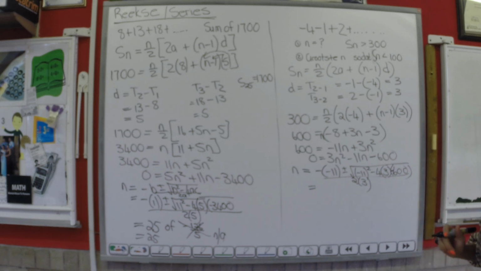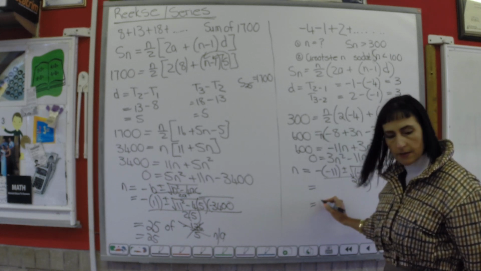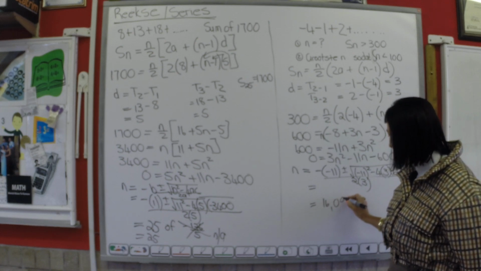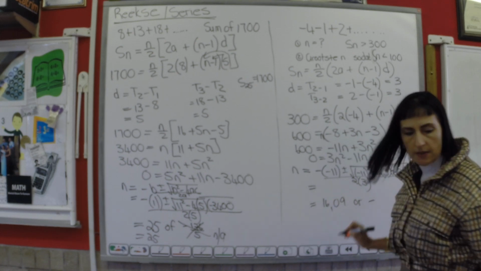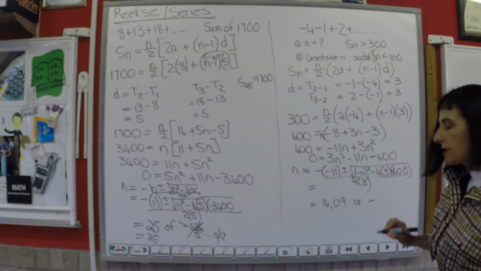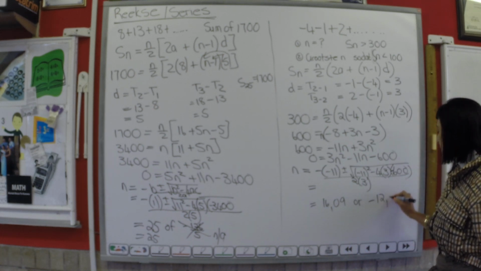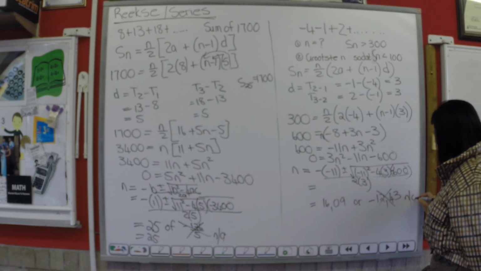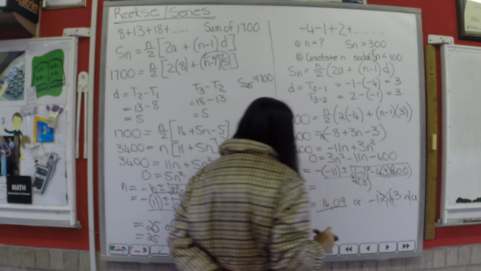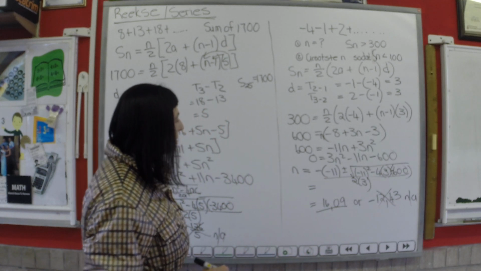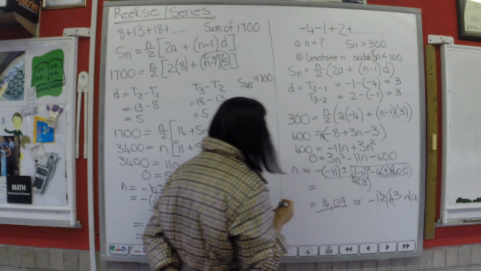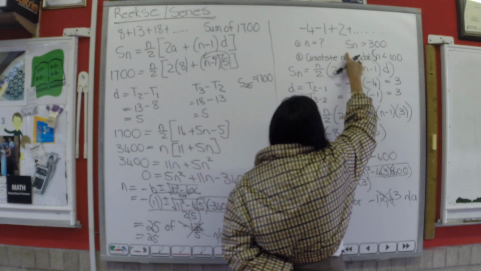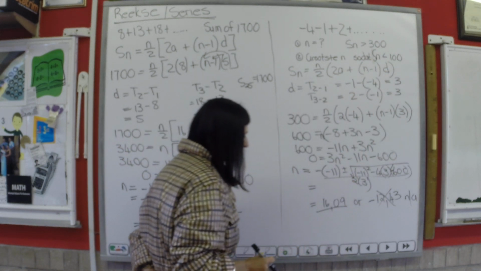Okay, and then you get two answers, decimal answers. It's either 16,09 or a negative answer of minus 12,43. So that we know is not applicable for n. So kom ons gaan kyk na ons posisie 16,09. Ons weet dat 'n posisie nie 'n desimale getal kan wees nie. Maar ons wil hê dat die som van groter as 300 moet wees.